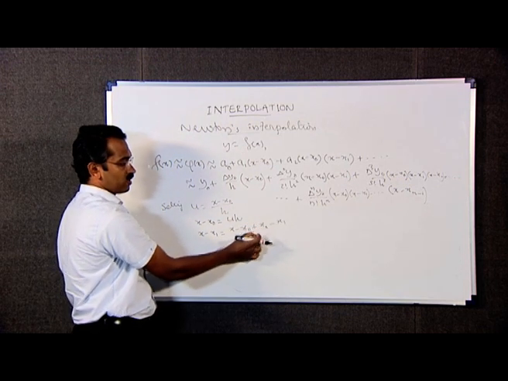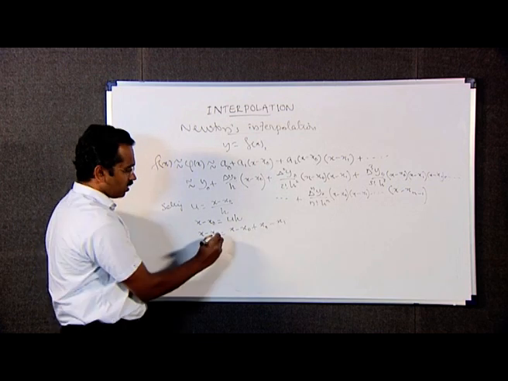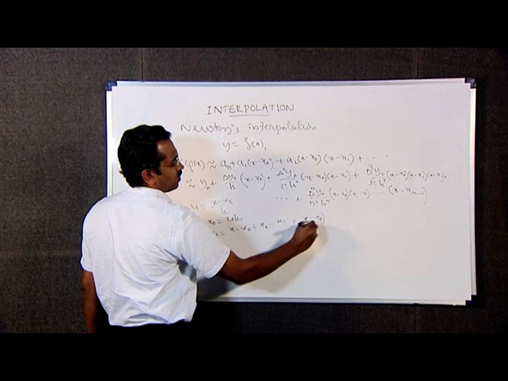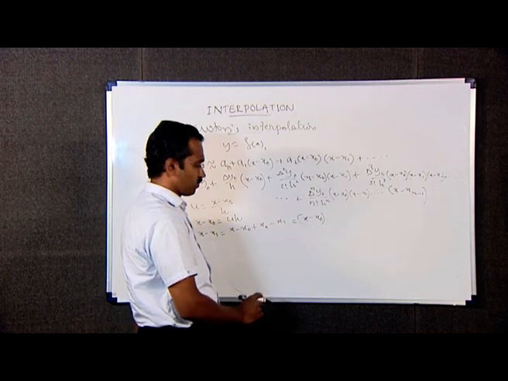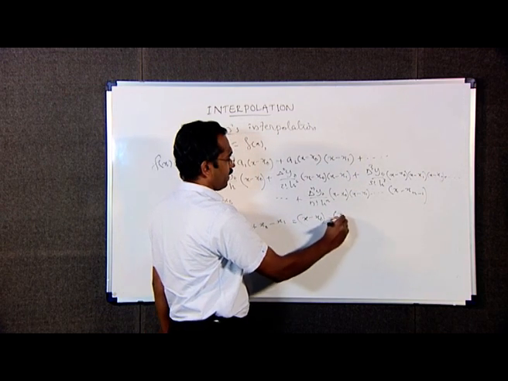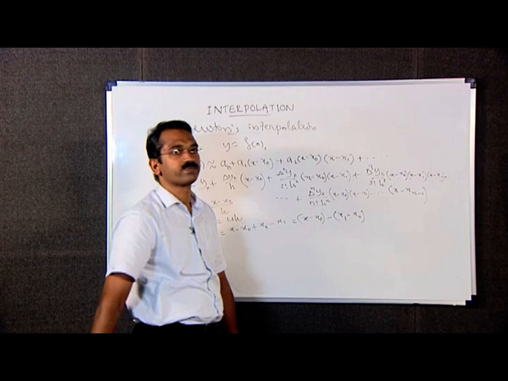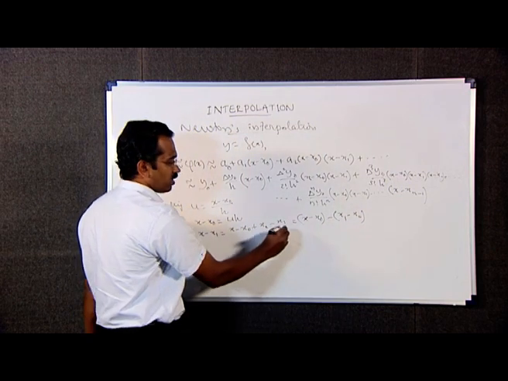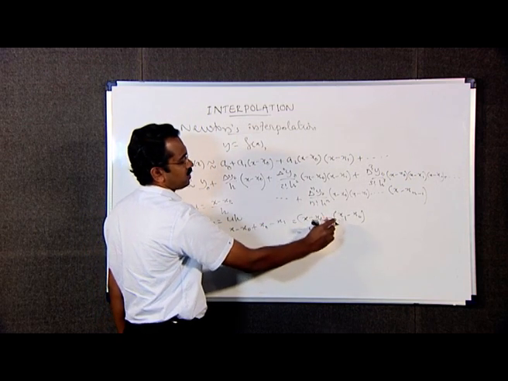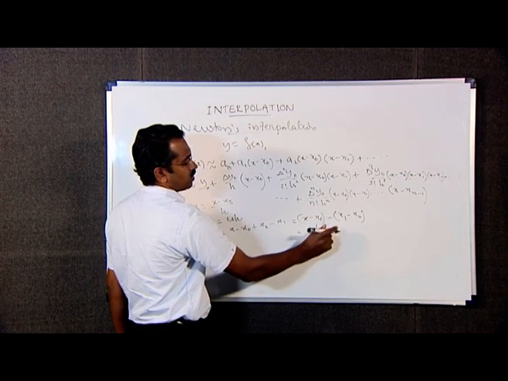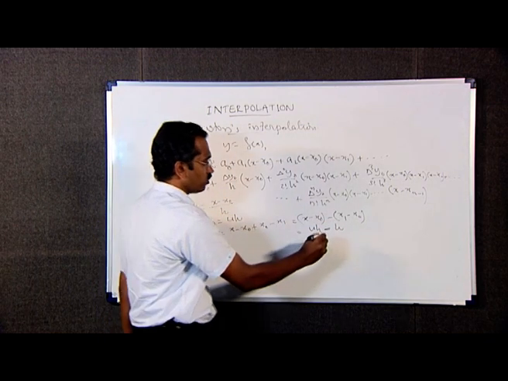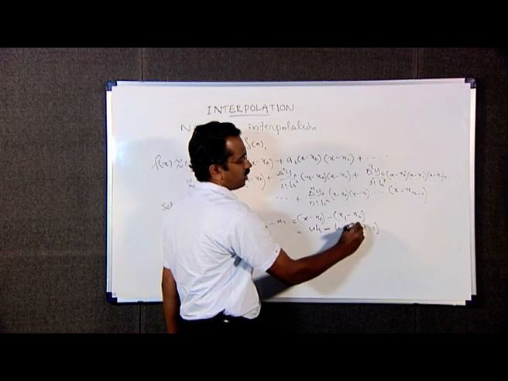Just add x naught and subtract the same. This is equal to x minus x naught plus x naught minus x 1, which is equal to x minus x naught is uh minus x 1 minus x naught is h, uh minus h, that is equal to u minus 1 into h.